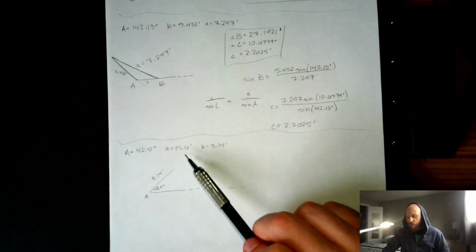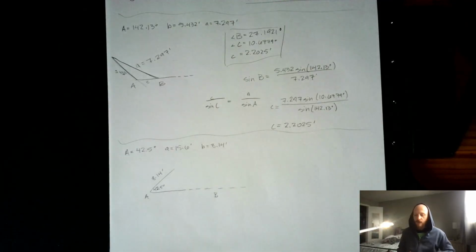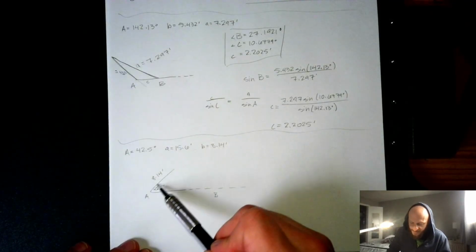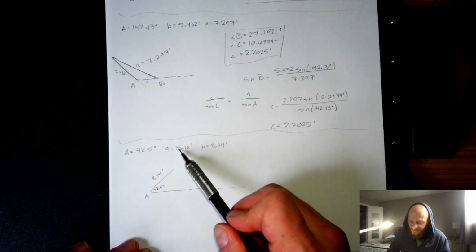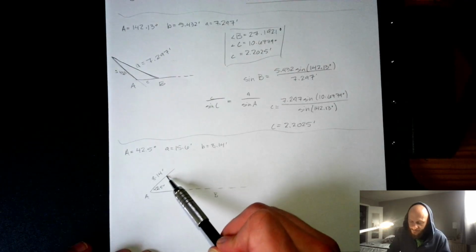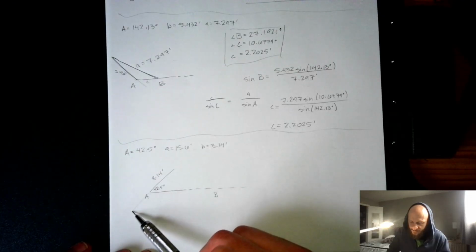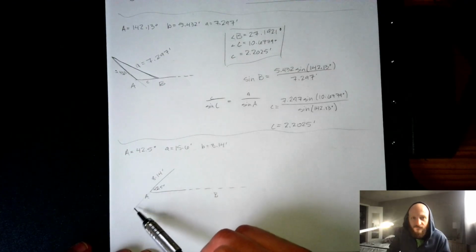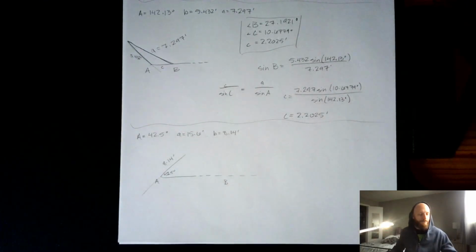And now we have a situation where A is larger than B. So if this right here is 8.14 feet, side A is almost twice that length. To give you an idea, it's like this. This would be about the length of side A.